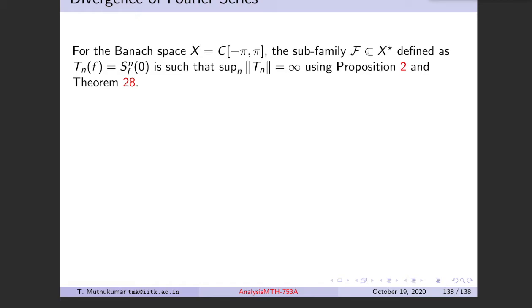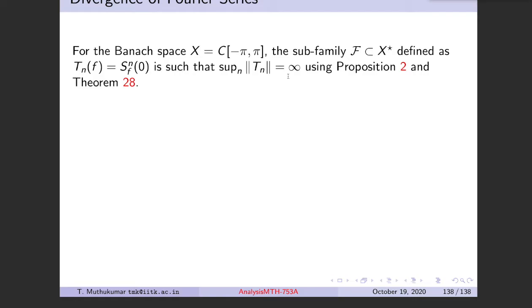So you take a subcollection of X star, and what is in that collection? That collection is all these maps Tn such that the supremum over n of norm Tn is infinity. Okay, so you take this family in the dual of X such that the supremum over n of norm Tn is equal to infinity.